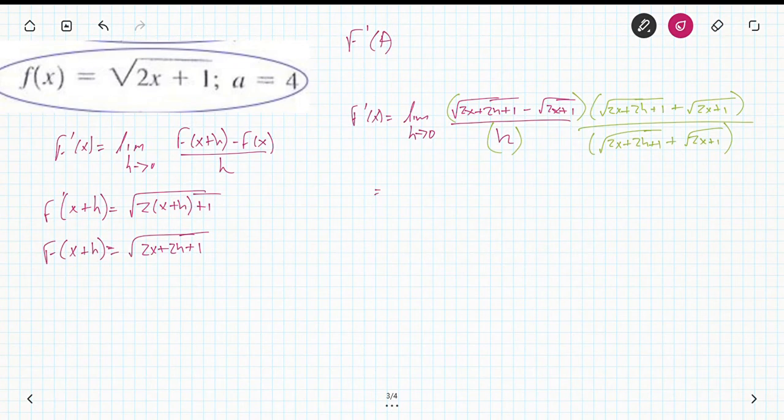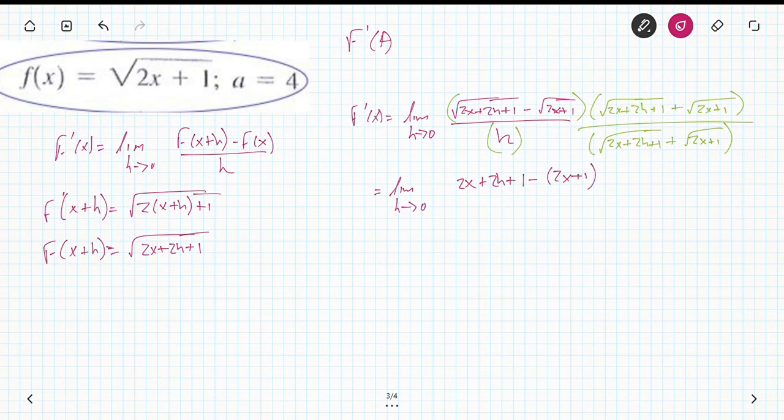So you're going to get the limit as h approaches 0, and all your square roots are going to go away for the numerator. So that's going to be 2x plus 2h plus 1 minus 2x plus 1.